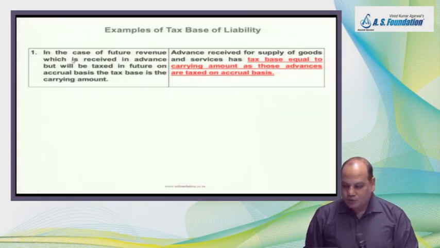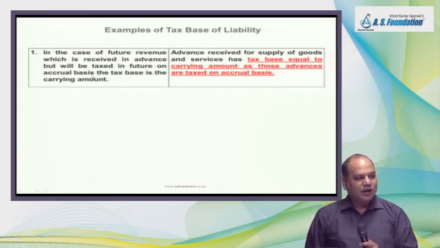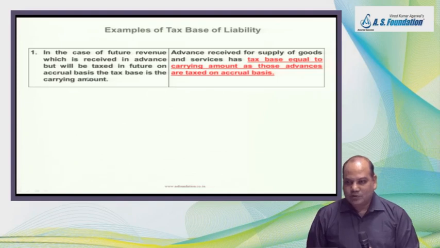In the case of future revenue, which is received in advance, same example, rent received in advance, but will be taxed in future on accrual basis. So it has no deferred tax implication now, no tax consequence now. It will be shown as income in books and as an income for tax purpose in the same year.